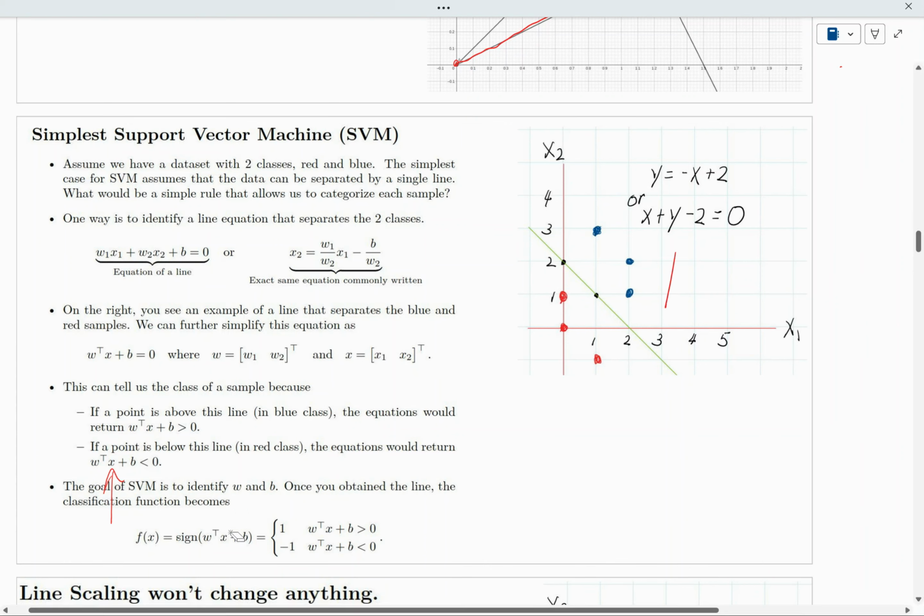If it's negative, therefore sign will give you a -1, then we assign that to a -1 value. So that's basically the idea. We want to find a line and then categorize a point to see whether it's above the line or below the line. And in order for us to do that, we need to know W and we need to know B.